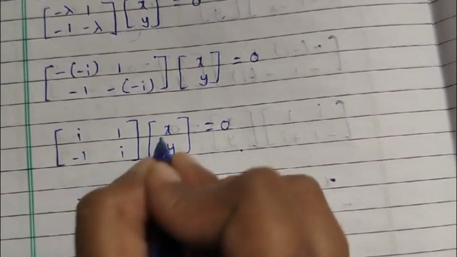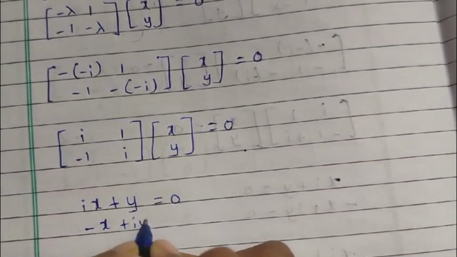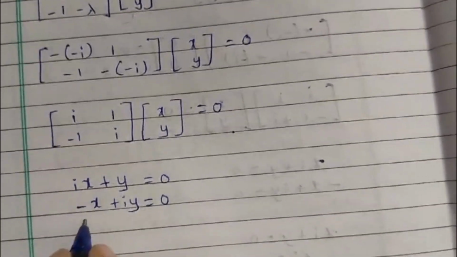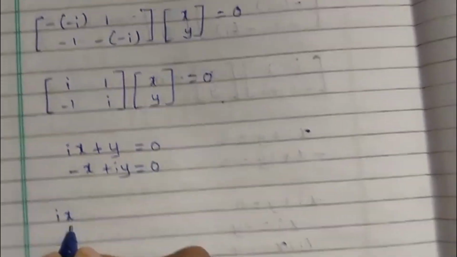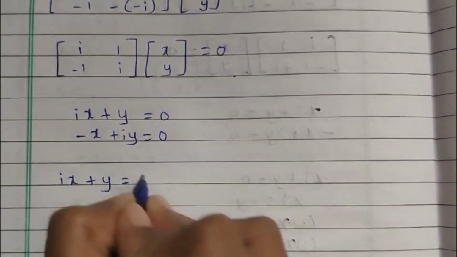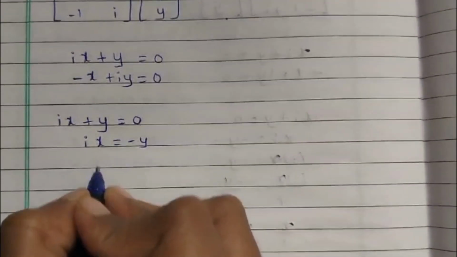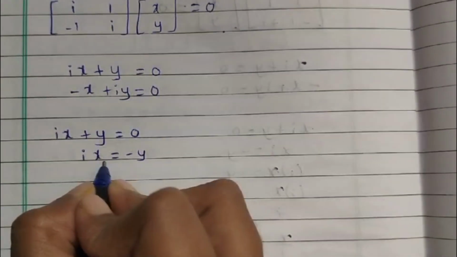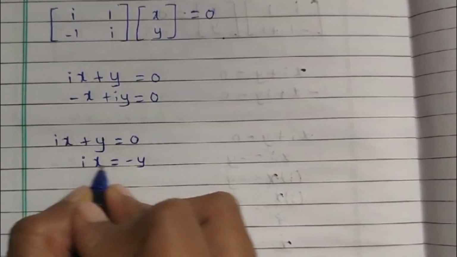Now second row with first column: minus x plus iy equal to 0. Here we are considering the first equation to find x and y values, that is ix plus y equal to 0. Then ix equal to minus y. To find the x and y values, the coefficients must be 1.